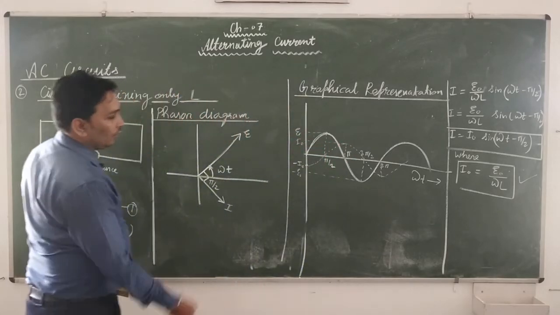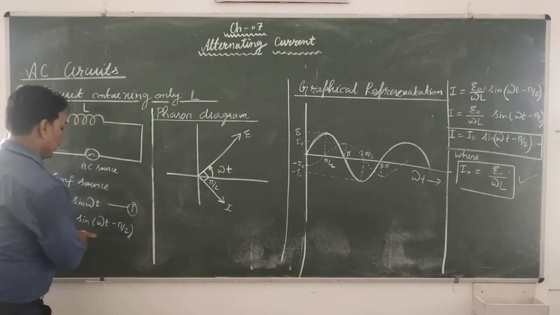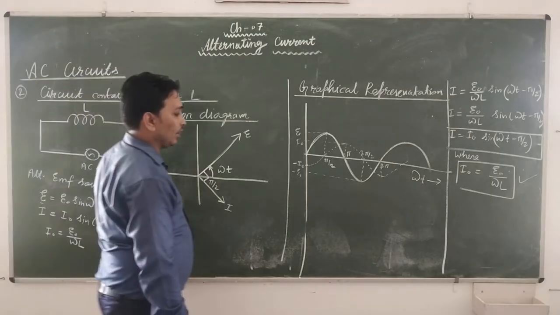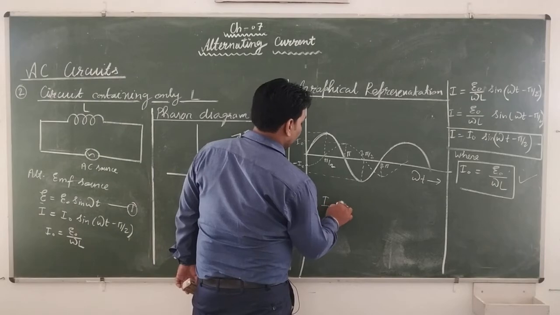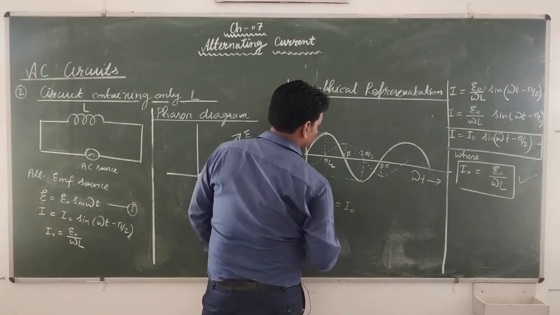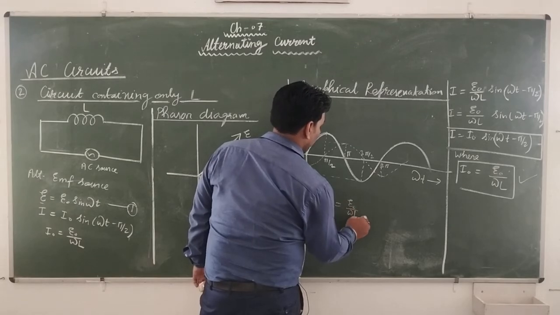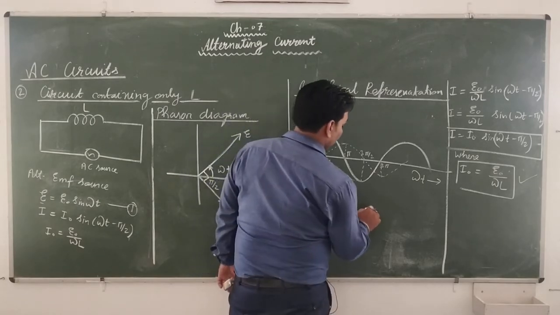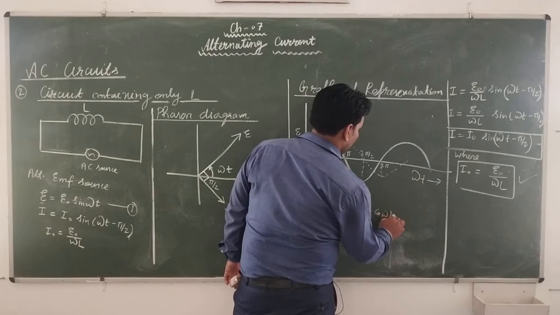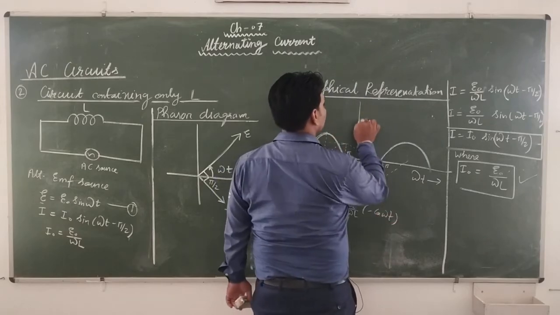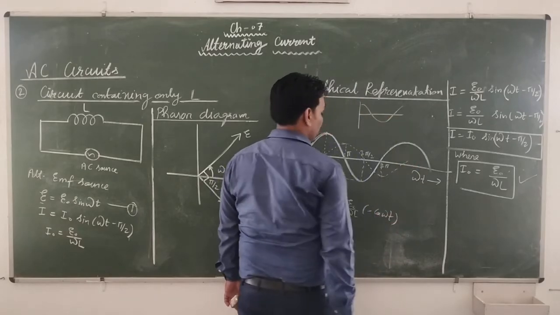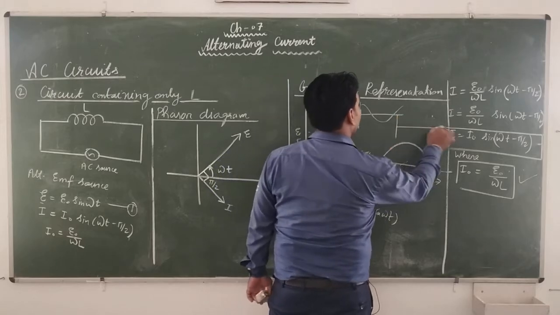Okay? And if you are not able to understand how this omega t minus pi by 2 should be interpreted, just remember during the derivation we had total I is equal to E naught upon omega, which is assumed as I naught, minus cos omega t. How is the graph of cos omega t? Like this. So what is the graph of minus cos omega t?